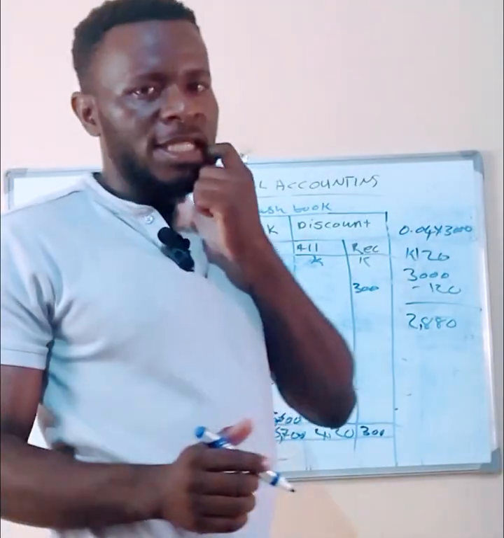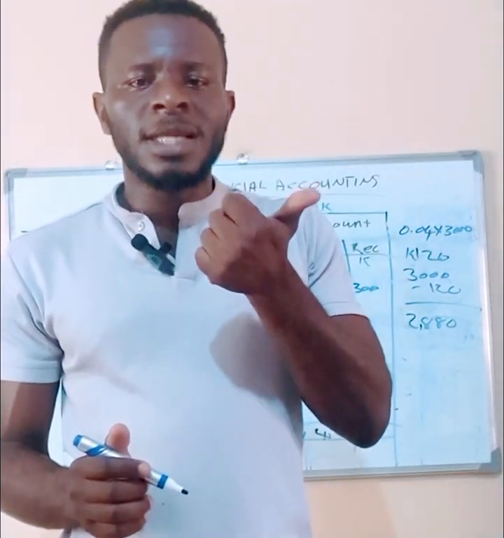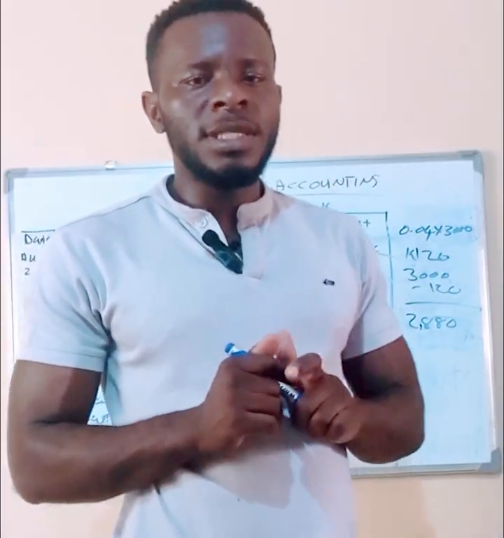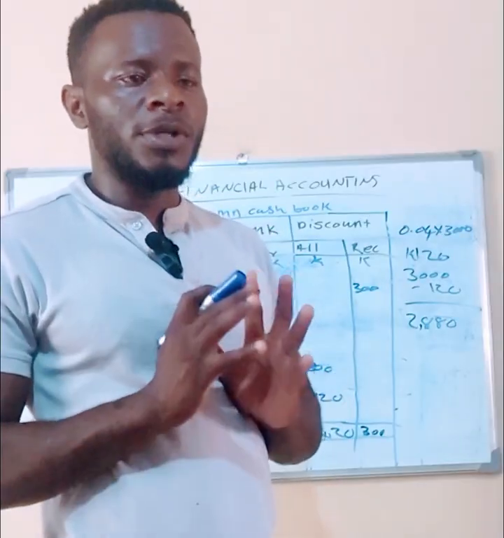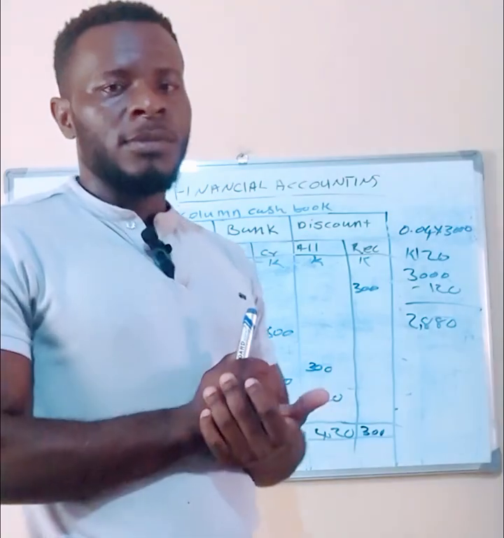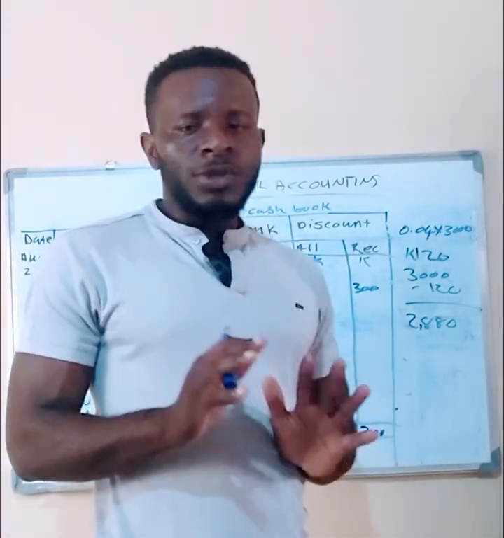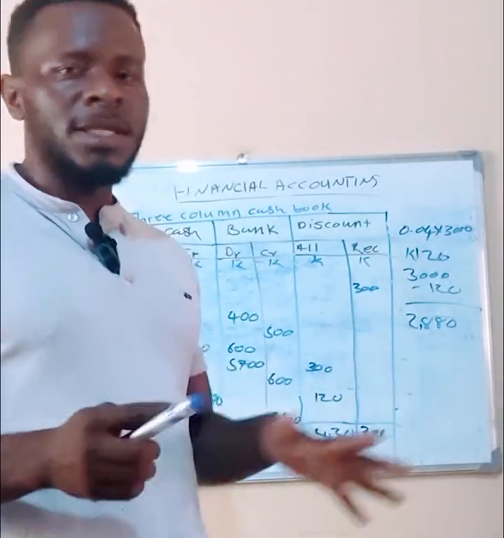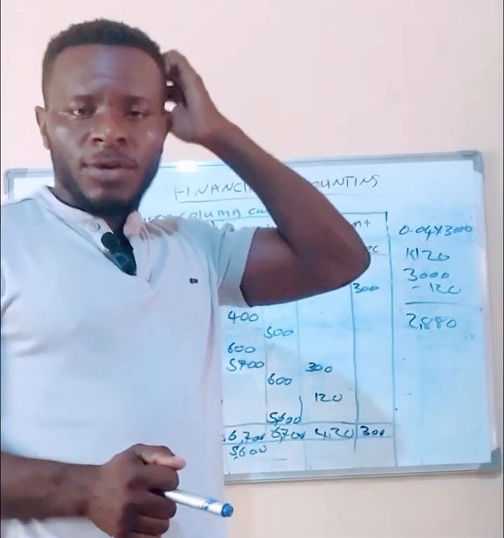You will never find a transaction where they will tell you there was a certain discount received. Whenever you see that question, just know that it's a three column cash book, because that's the only book that has a provision of a discount column. So whenever you see a transaction saying bought goods worth this much, but with this discount allowed or received, just know that it's a three column cash book.